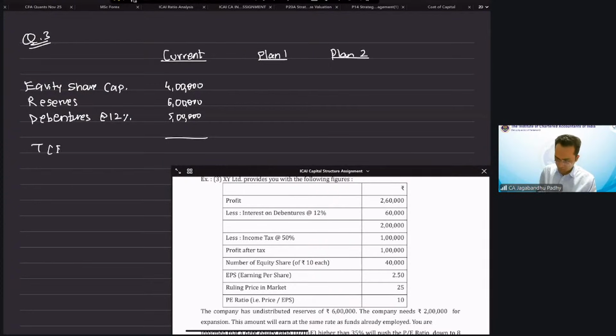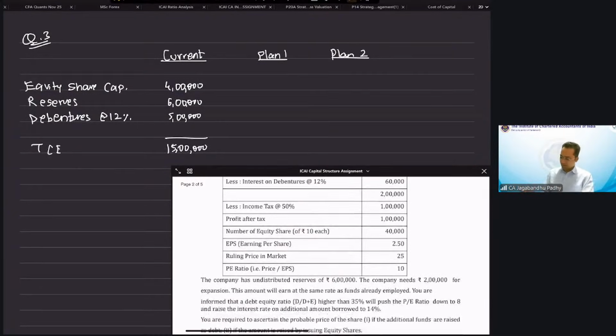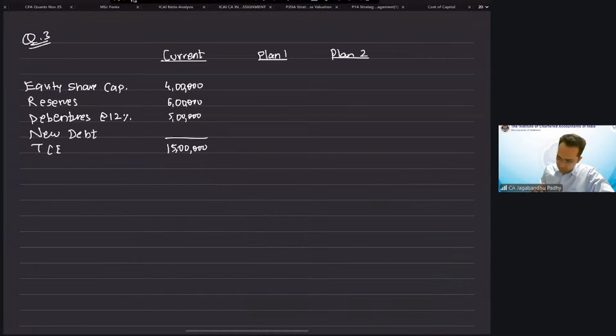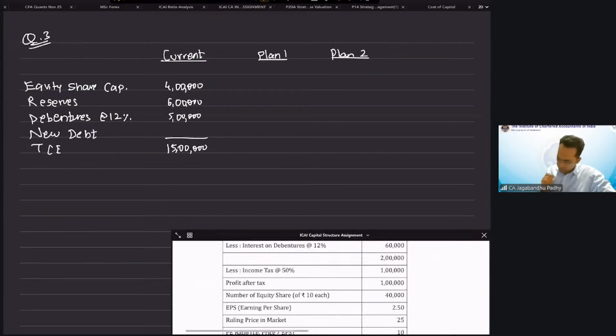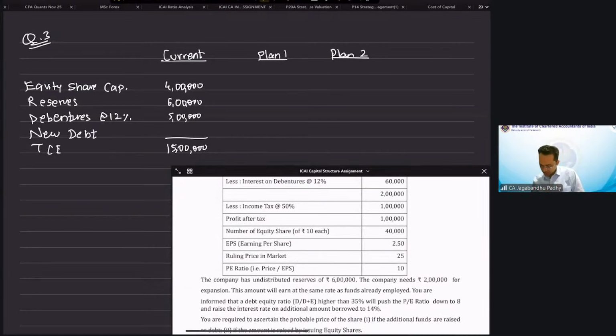So we have the total capital employed as of now as 15 lakhs. Now the plan that we have, first plan is by way of issuing debt. So new debt is something that we are going to issue. So in plan 1, additional funds are raised by debt, right?